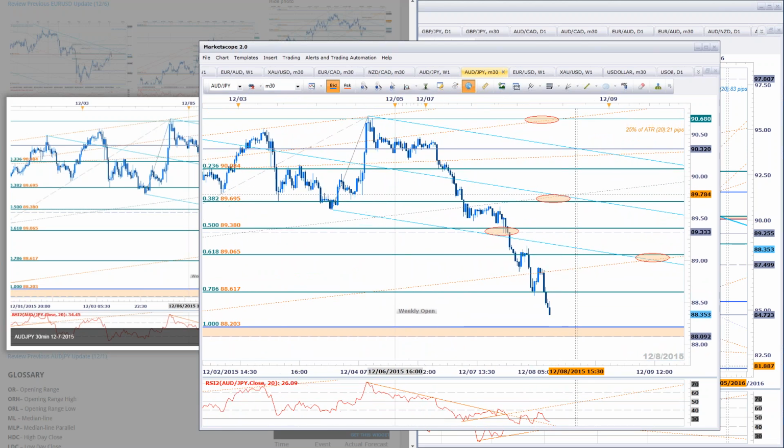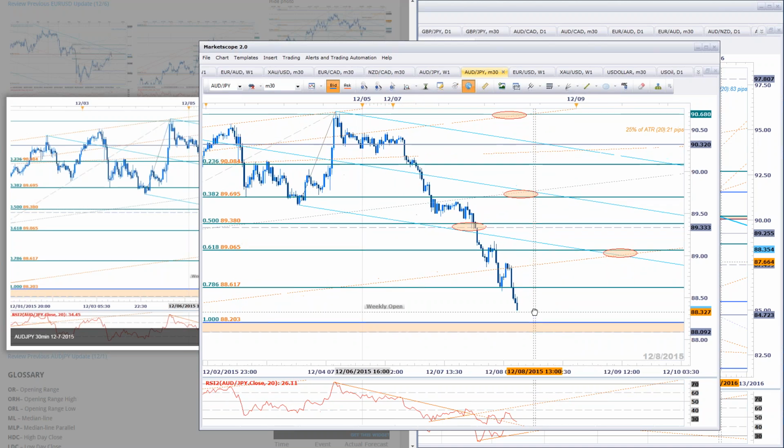We were talking about the fact that when you see these descending channel breaks or descending pitchfork ML formations break to the downside, that can be the sternest part of the move, because we're already on a slippery slope. The bias is already weighted to the downside. Once that domino effect starts playing, it really accelerates the move even more. So look for 88.20, 88.09 for soft support here for Aussie yen.